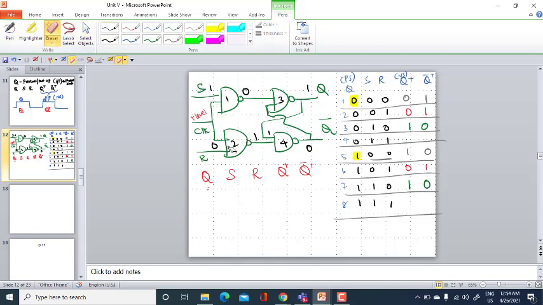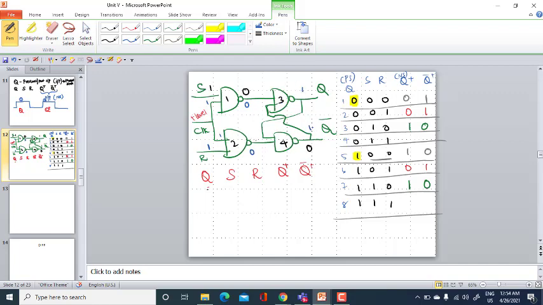Okay, with 1 and 1, what will be your output? So if both inputs are 1 and 1, we know the clock is high. If 1 and 1 is the input, your output is 0 and 0. If this is 0, one of the inputs of the third and fourth is 0, so both are 1.